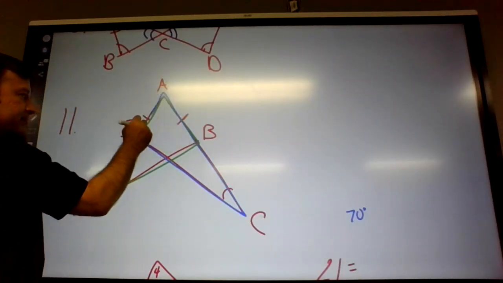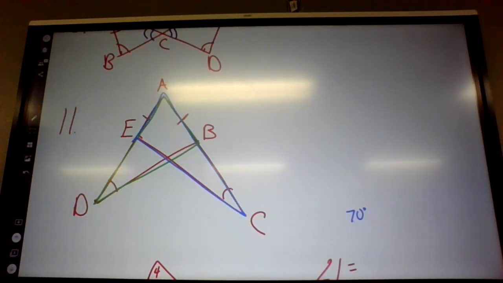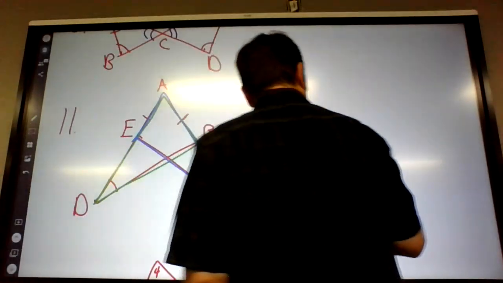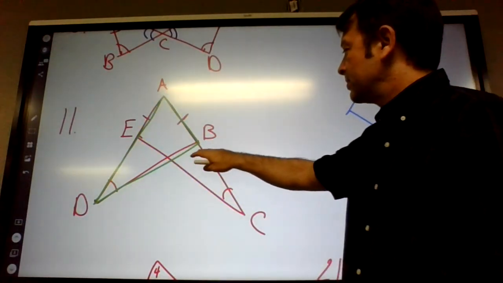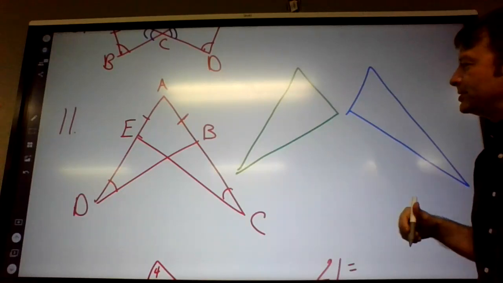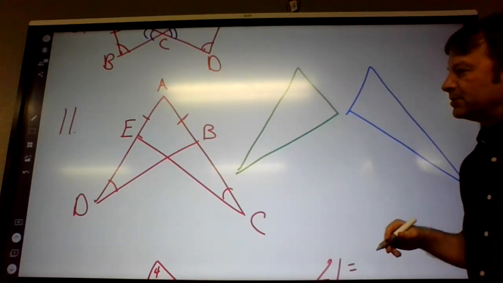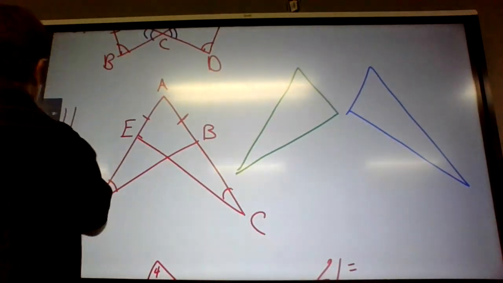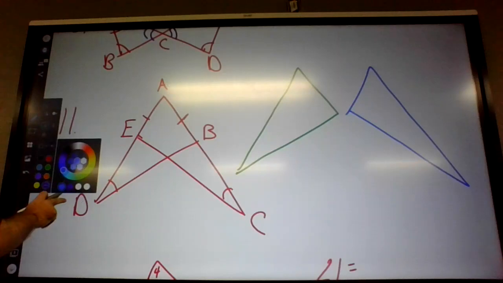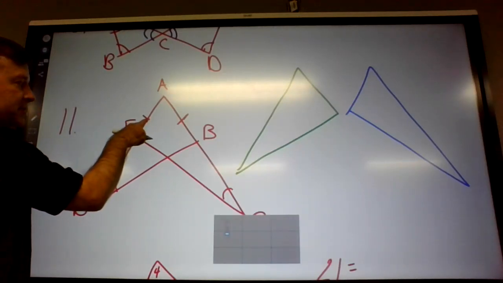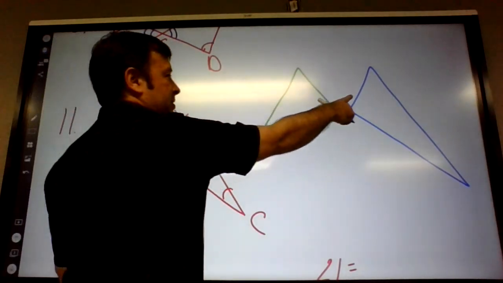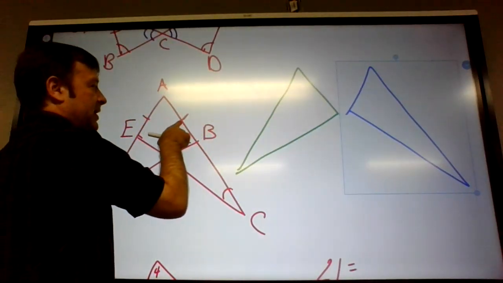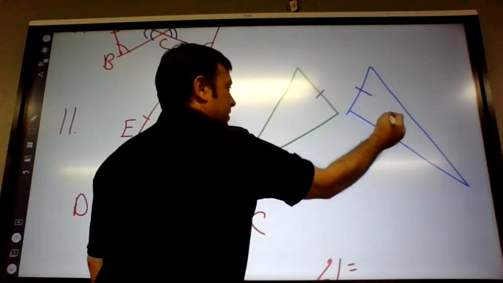You guys see them? They're parallel. Okay. Now, if I drag this over here, what's the same in these two triangles? From what they told us, this is the same as this, and that is that. So these two are the same.